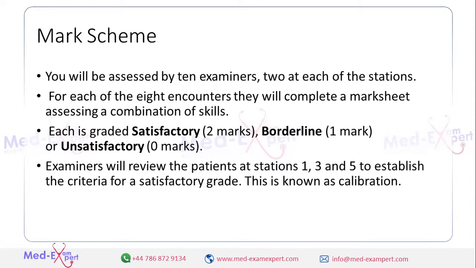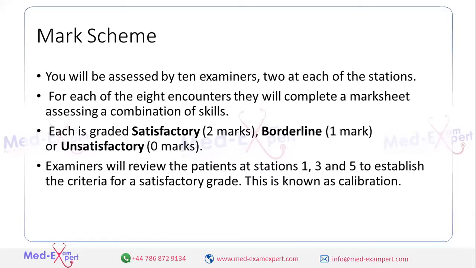Now, each examiner will review the patient before they are given to the students. In stations 1, 3, and 5, the patients may have different signs and different physical examination findings. They will identify 2 or 3 important positive findings, and they will grade the student based on these.